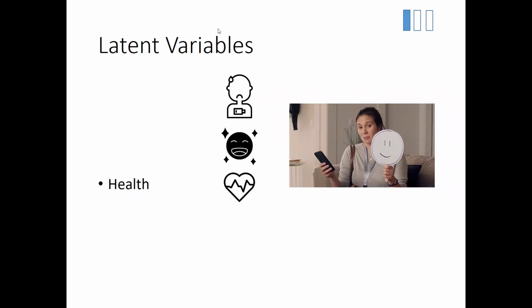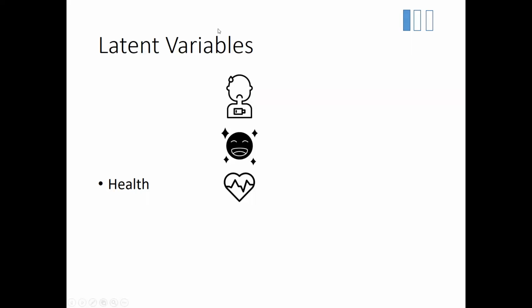So what we're talking about here is really a way of thinking about, I don't know what happened to happiness and burnout, but health is back. There they are. All right, but yeah, health. What about health? How do we measure health?